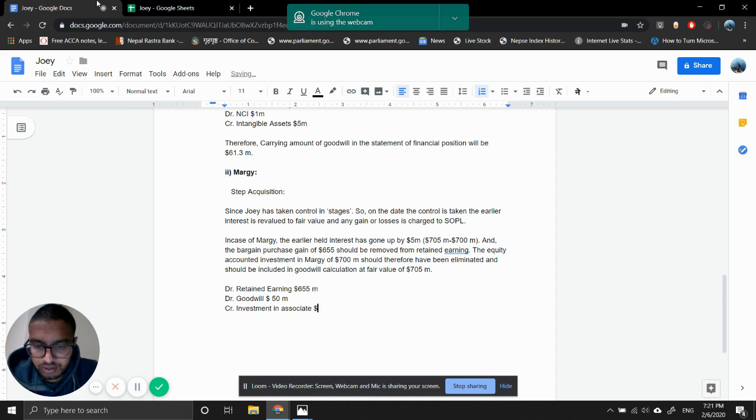Investment in associate of $705 million, and then the remaining will be charged against retained earning, which is basically the gain.